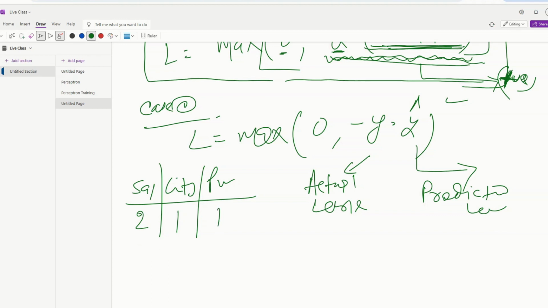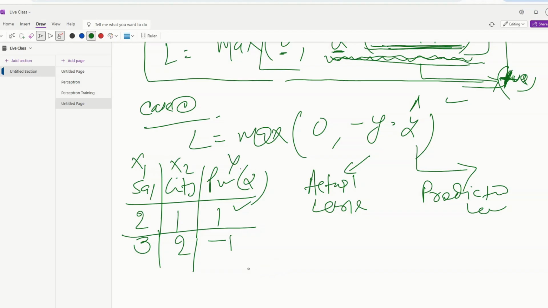Let's suppose salary is 3, city is 2, and purchase is -1. So 1 shows that purchase happened and somebody bought the product, and -1 shows that it's the other class. Here this part I'm calling y, salary is x1 and city is x2, and this is my y label.